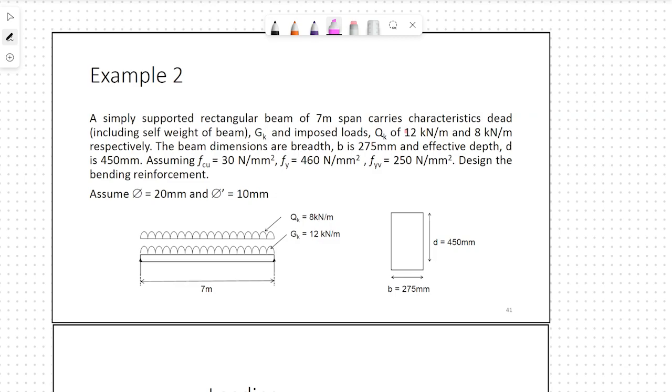I am Miss Uda and today we're going to look at example 2 in our structural beam design for reinforced concrete.